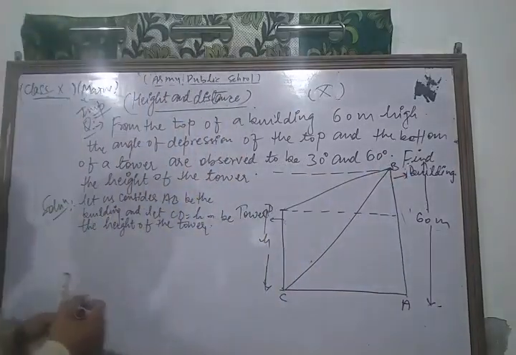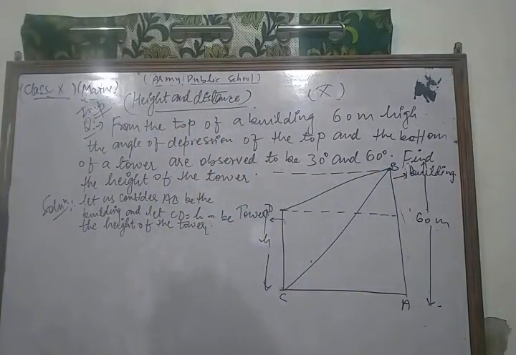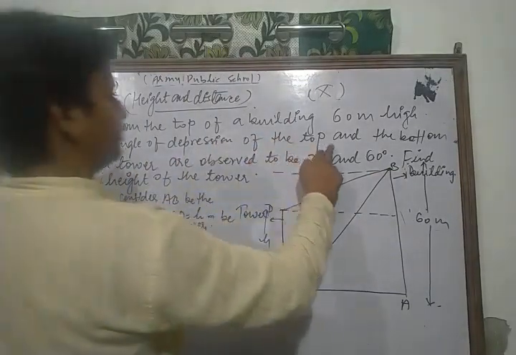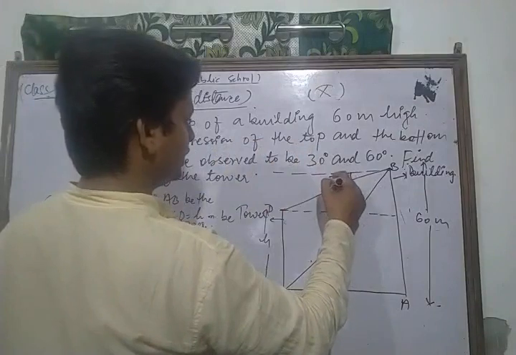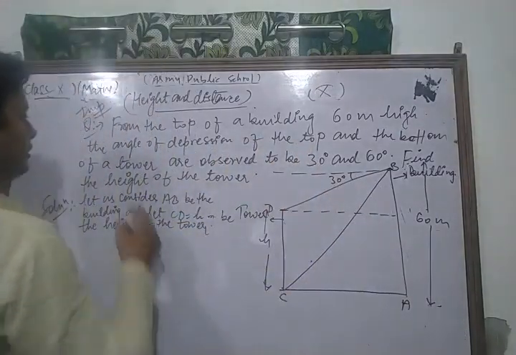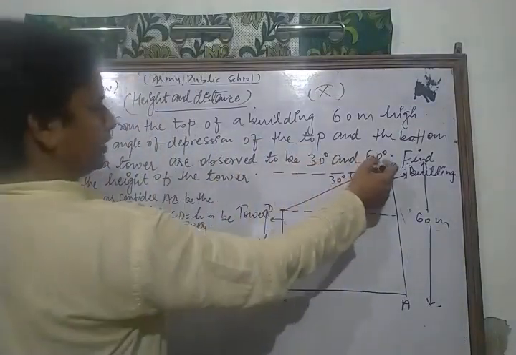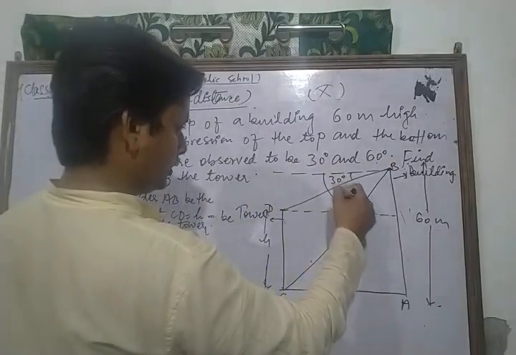According to the question, the angle of depression of the top is 30 degree, and at the bottom of the tower it is 60 degree.